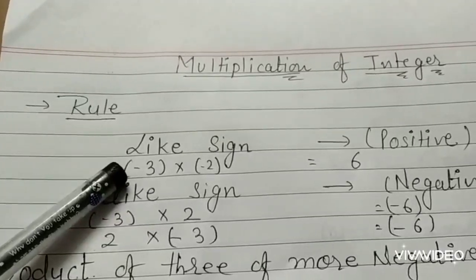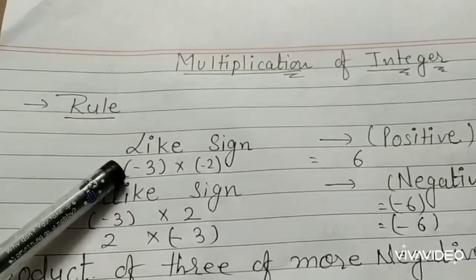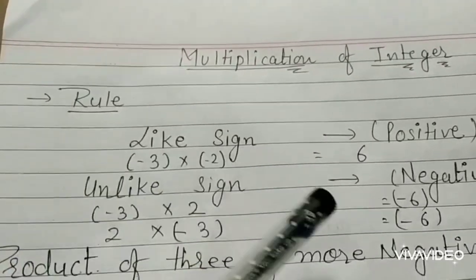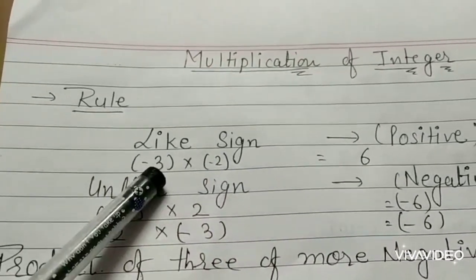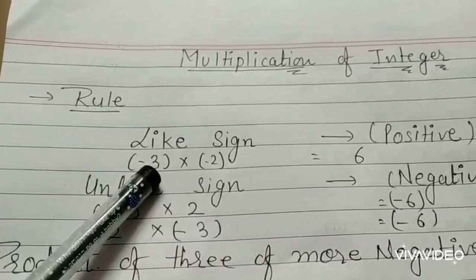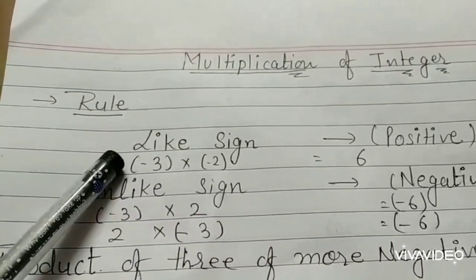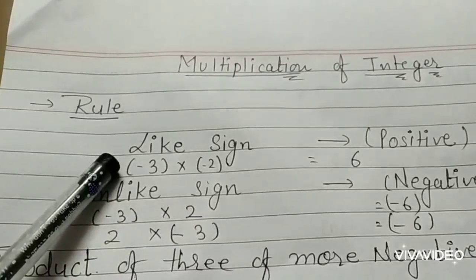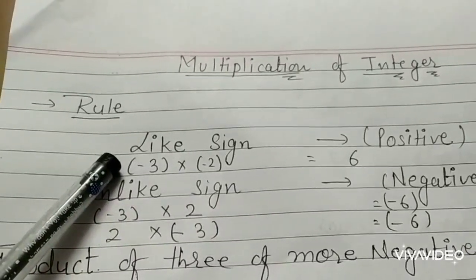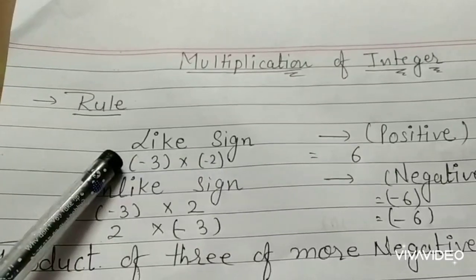Now if you take minus 3 multiplied by minus 2, then also your answer will be 6. Here we have taken both negative integers. So if you take both positive integers, or both negative integers, then the product will be a positive integer.